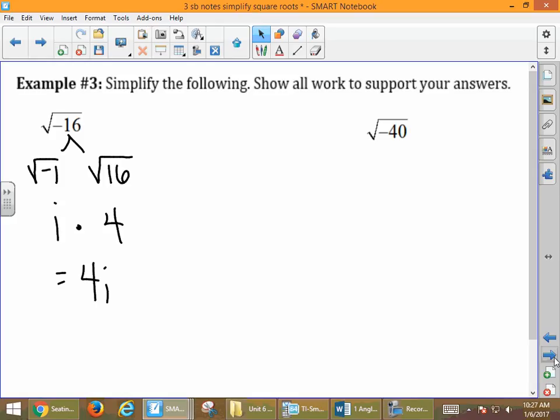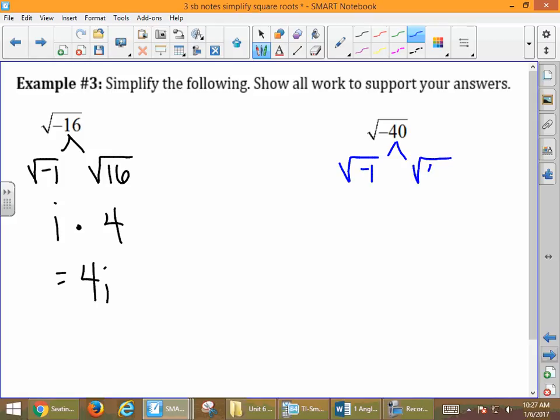Now, it turns out that 16 was a perfect square. But over here with the square root of negative 40, we still need to start off with the fact that the square root of negative 1 is i. Over here, the square root of 40. Pick your factors. Maybe you wanted to use 5 times 8.